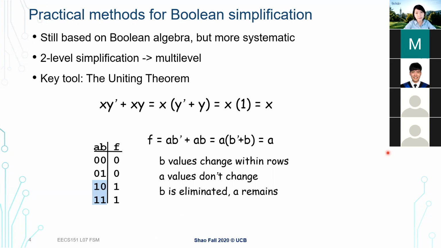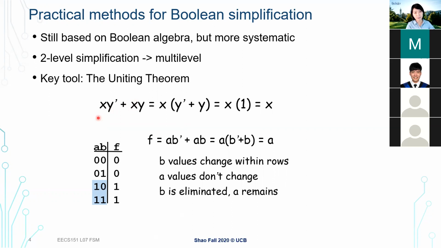But when we talk about logic simplification or Boolean simplification, a very important theorem that will be used is what we call the uniting theorem. Basically, it's a combination of the distributive law and the complement law that we saw last time. Basically, you will see an expression like this. It's a sum of products expression.